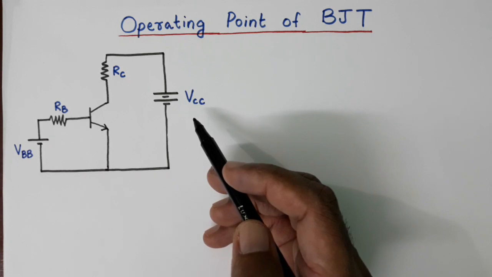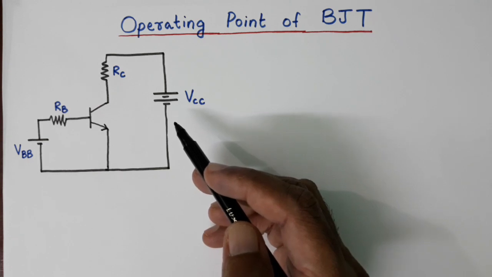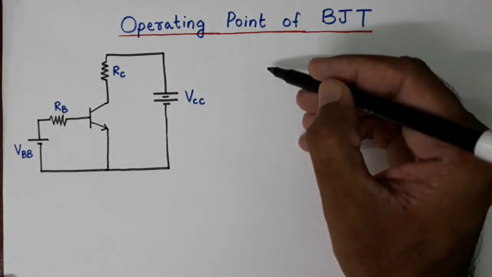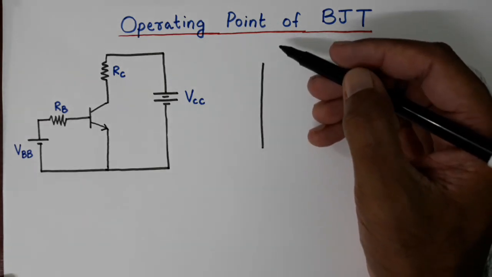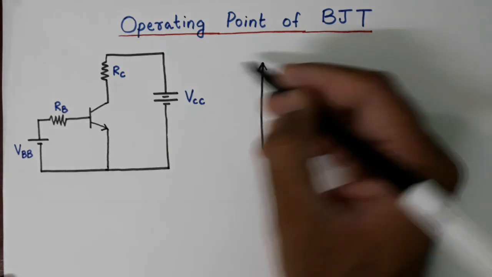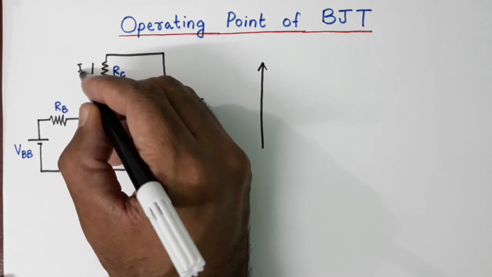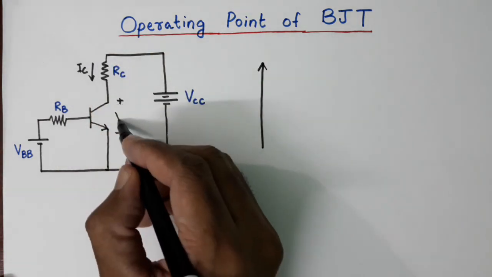Okay, so we have studied the output characteristics of an NPN transistor in common emitter configuration. So let me redraw that. It is a characteristic between collector current IC, this current, and collector to emitter voltage VCE.